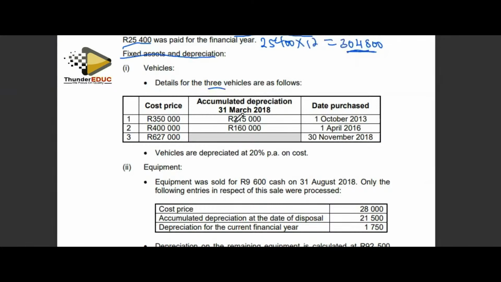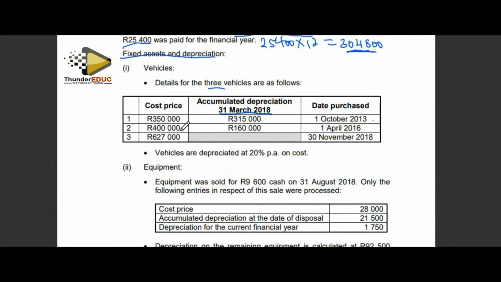The first vehicle was bought for 350,000. The accumulated depreciation until end of last year was this. And the date of purchase is this.